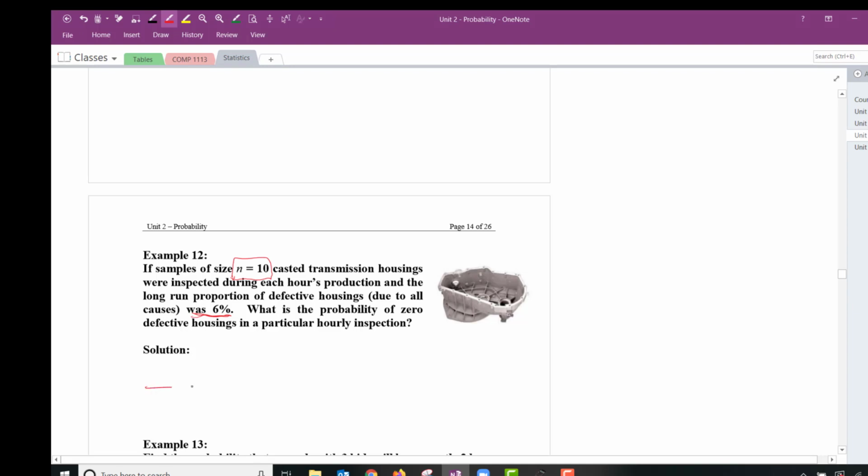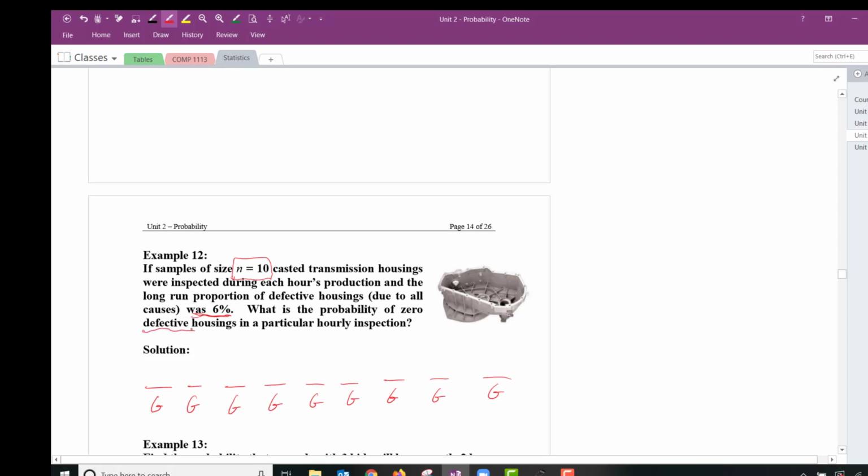We could probably just make a little chart here. Here are my 10 spots. I need a good one, a good one, a good one, a good one. They need to all be good to have 0 defective. So I am sort of using the complement here rather than looking at defectives.